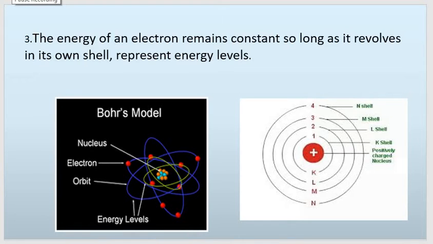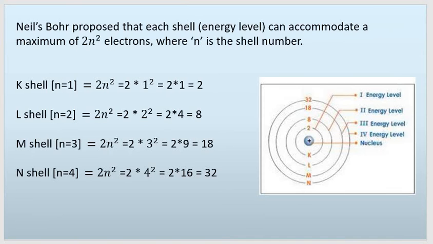In Bohr's atomic model, the electrons revolve around the positively charged nucleus in certain shells, otherwise called energy levels. Niels Bohr proposed that each shell or energy level can accommodate a maximum of 2n² electrons, where n is the shell number.